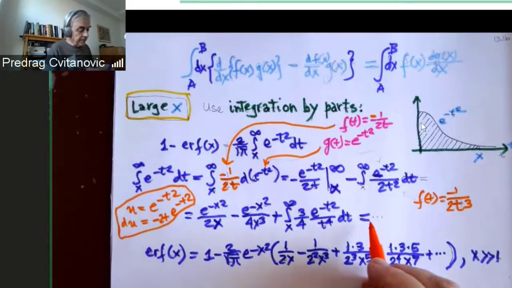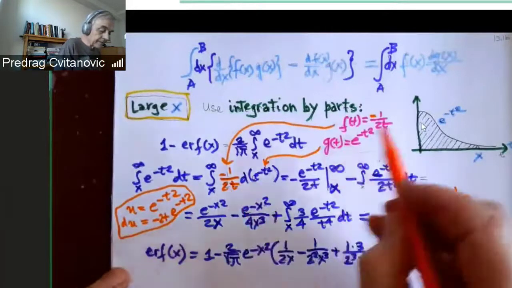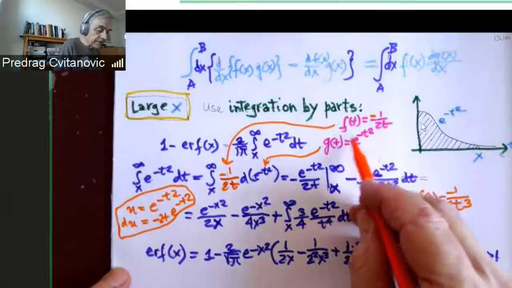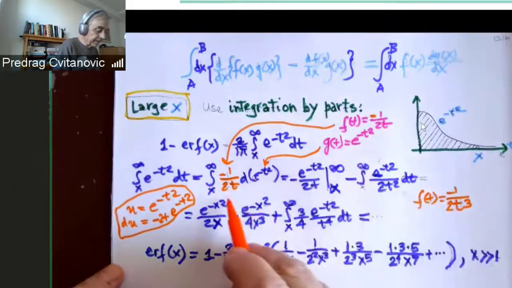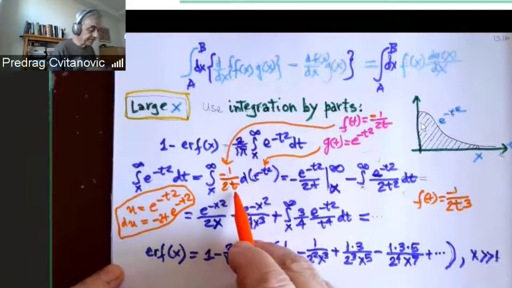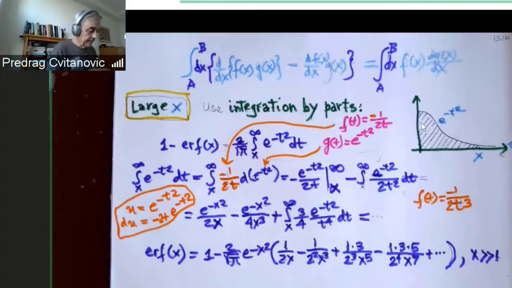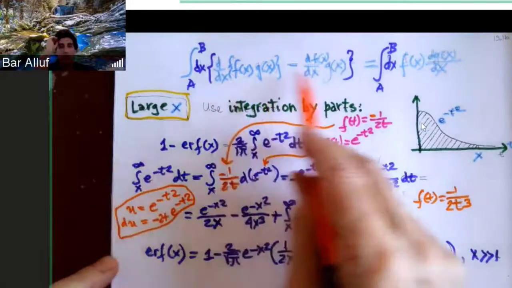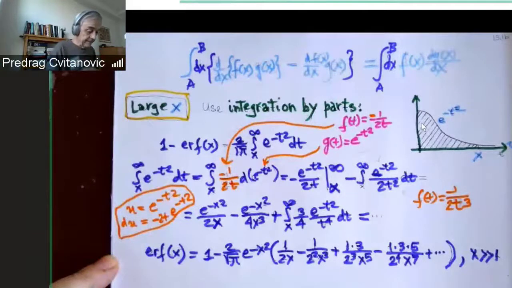Now, once you have changed the variables, you have 2 functions, because the original function was just the Gaussian, but now a new guy shows up in a product, which is this function. Yeah, that's fine. So the second function just came from the change of variables. And then you use one wash cycle of integration by parts.